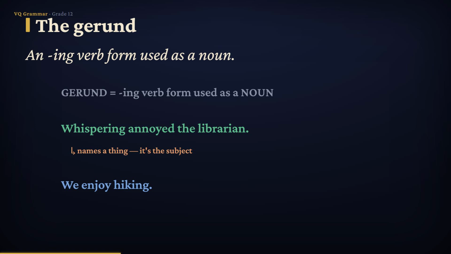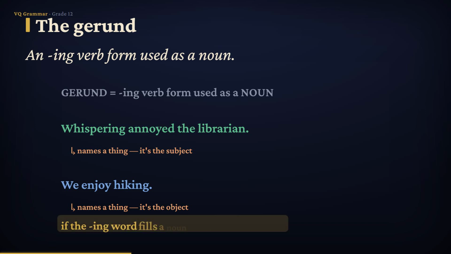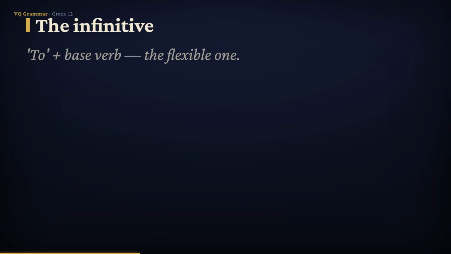Or take "we enjoy hiking." Hiking is what we enjoy. It's the object. Again, a noun. Here's the key. A gerund always ends in ing, and it fills a slot where a noun would go, a subject or an object. If you can drop the ing word into a noun seat, it's a gerund.